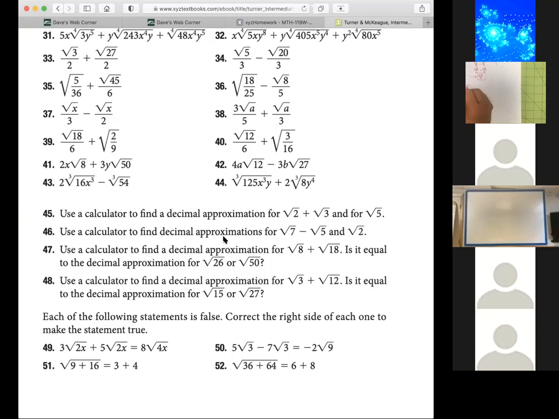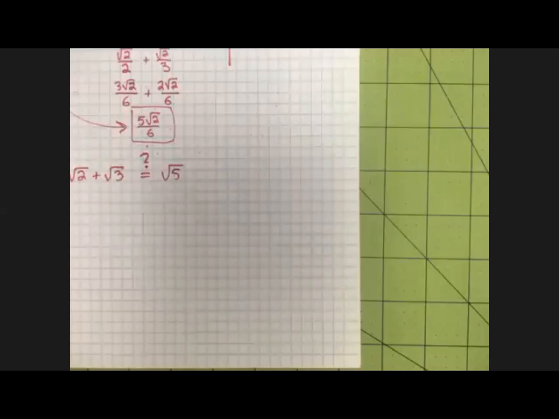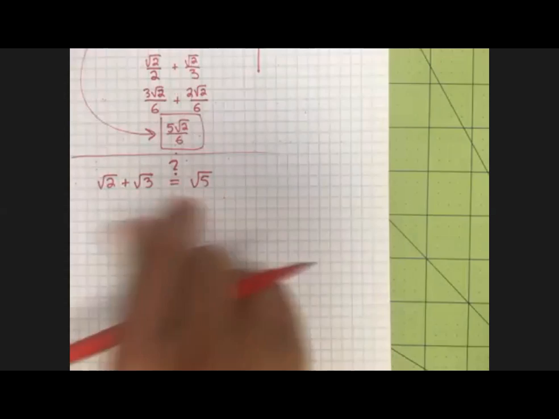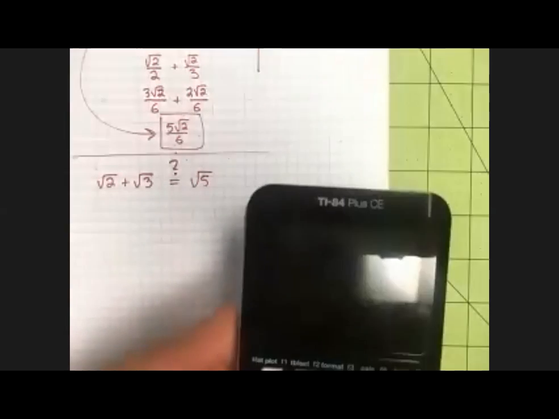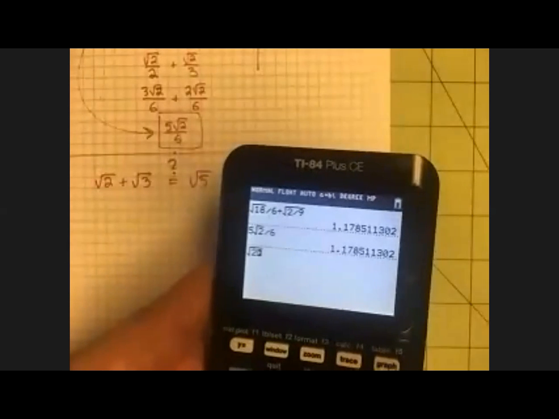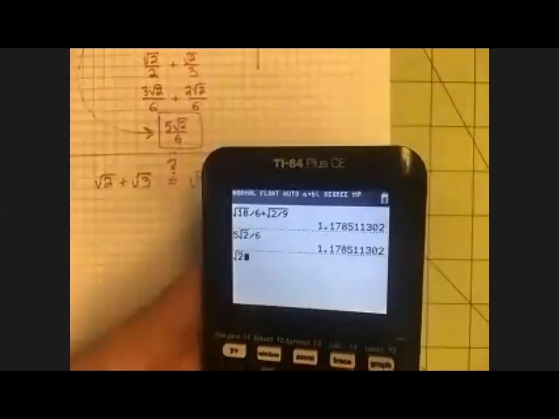So just in case you were about to say that these are equal, let me get back to the paper. He says, why don't you compare them? The square root of 2 plus the square root of 3.